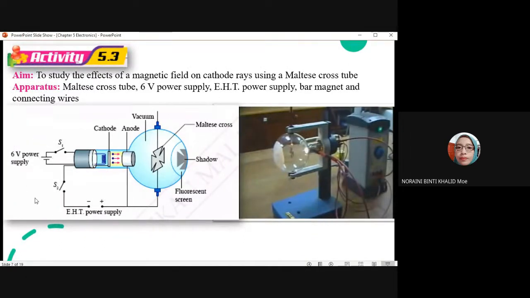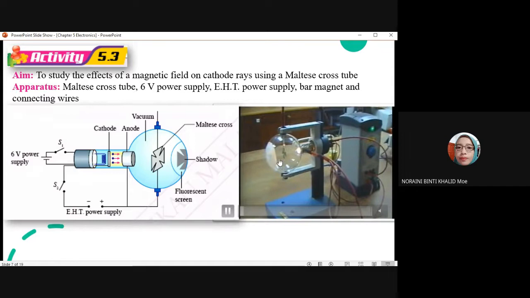This is the diagram for the Maltese cross tube. For the deflection tube just now, we just replace it with the Maltese cross here. The Maltese cross is also connected to the EHT power supply. Okay, let's watch the video to show how the Maltese cross shows the effect when cathode rays travel.